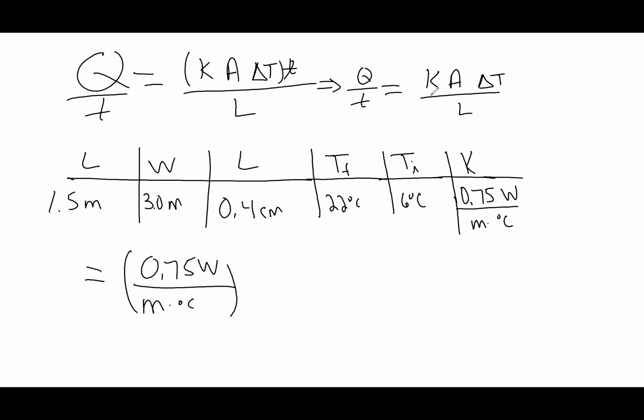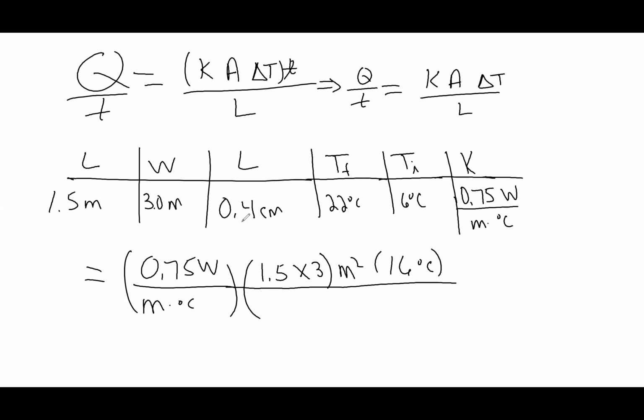You put in a cross-sectional area, and that is 1.5 times 3. And of course, this is meter times meter, so it's meter square. You're putting in delta T. You got 22 minus 6, and of course, that's 16 degrees Celsius. And you're putting in the length.